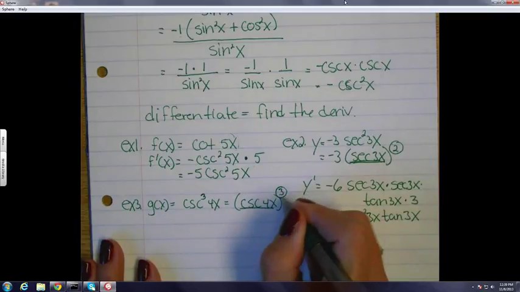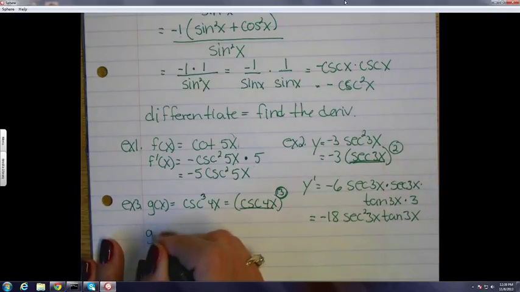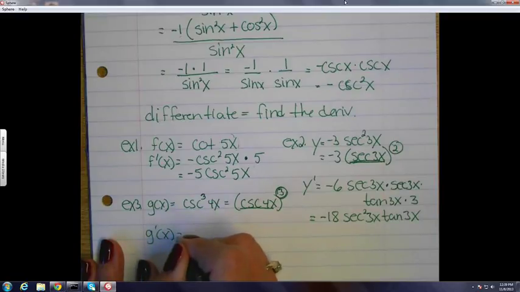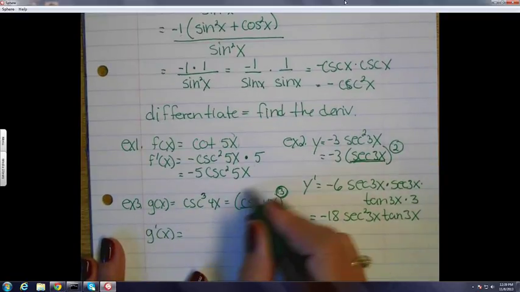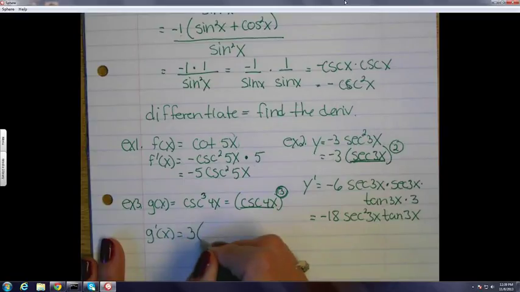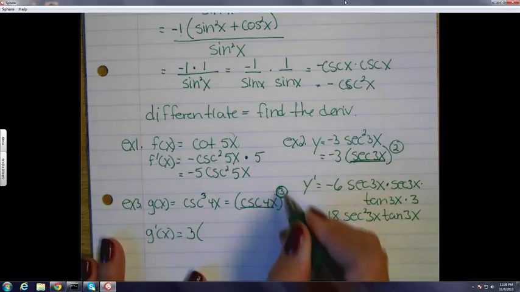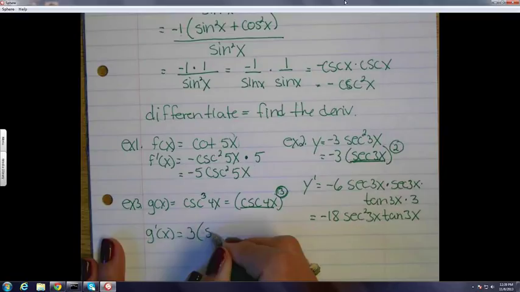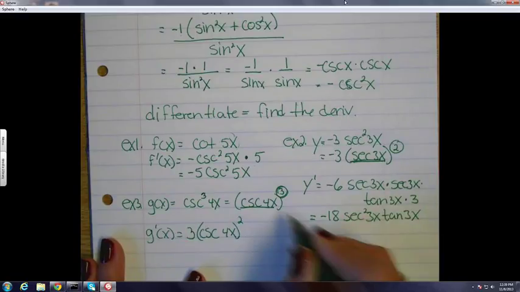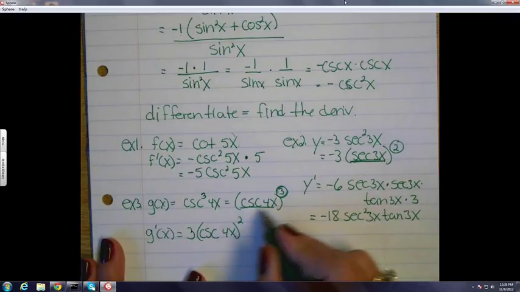Start on the outside. Down, inside stays the same, just change the power. Oops, cosecant 4x squared. Now the inside derivative is a cosecant. Look at your sheet.